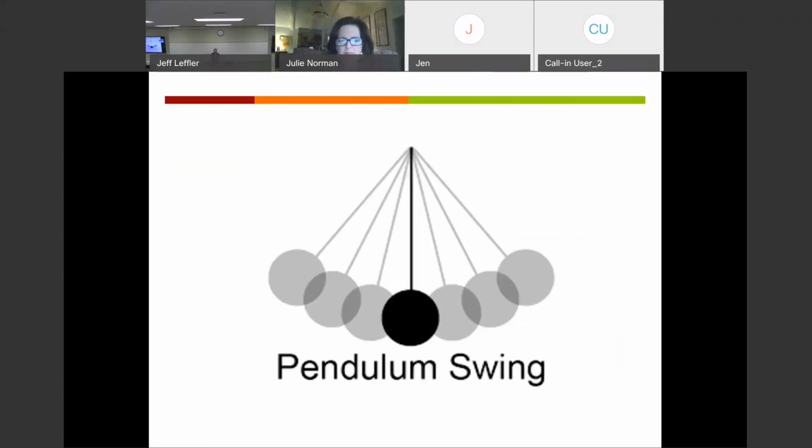Now, I include this graphic here about the pendulum swing. In education, there tends to be this big swing, particularly when we're thinking about early childhood education, from a really play-based setting for young children.